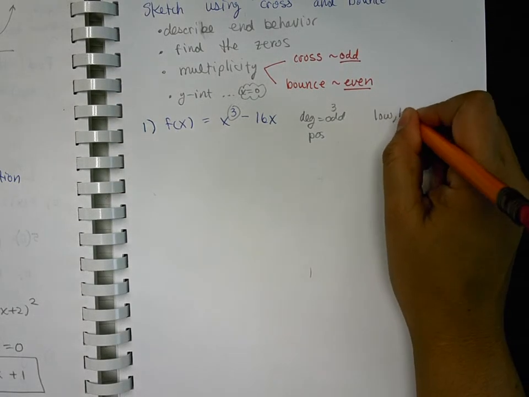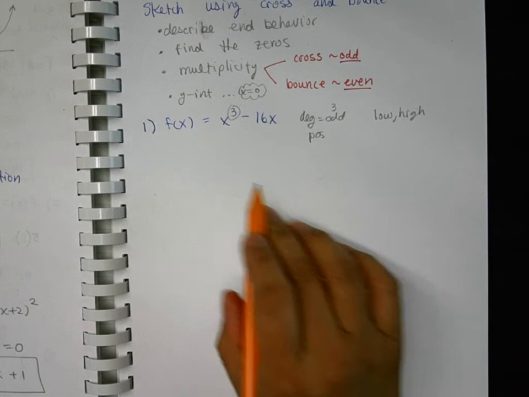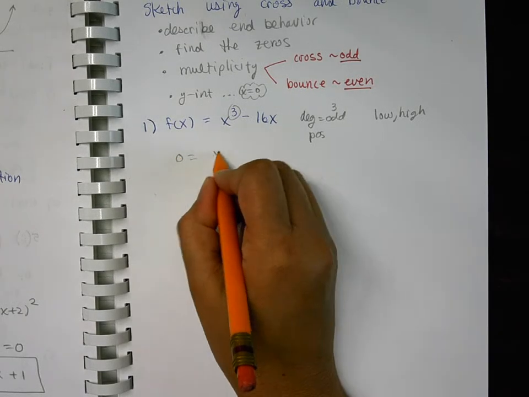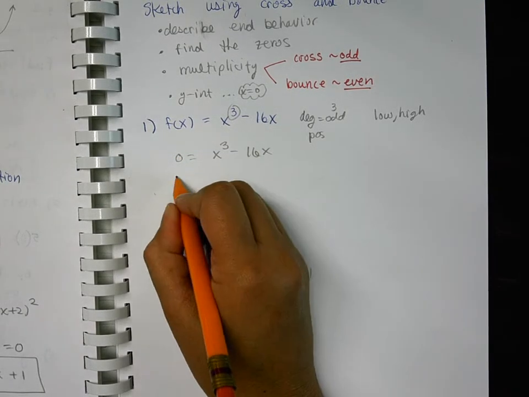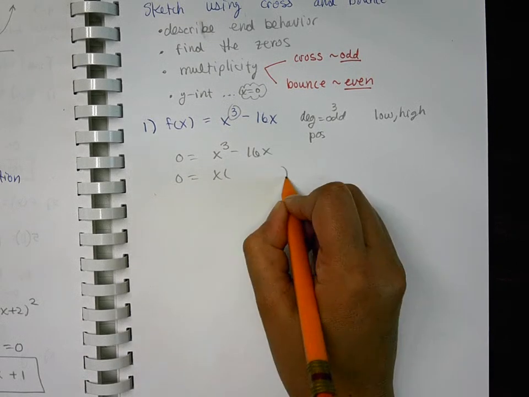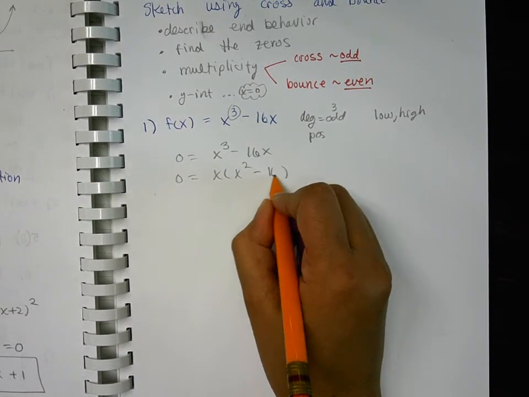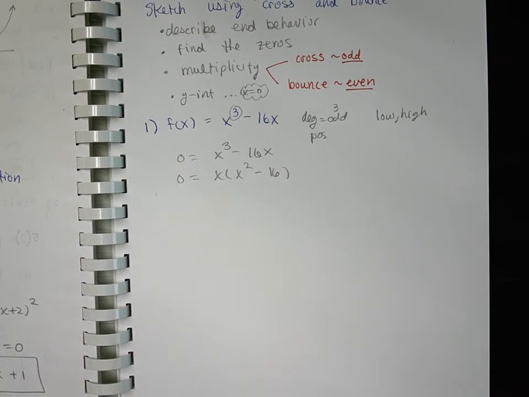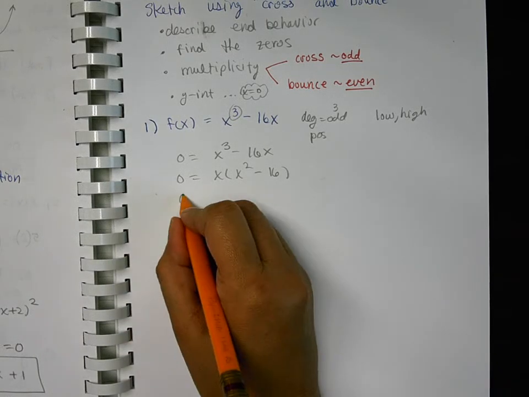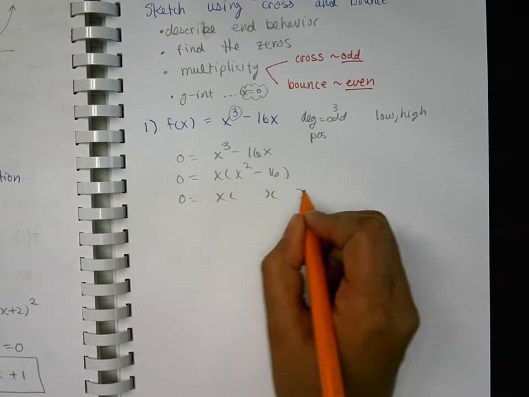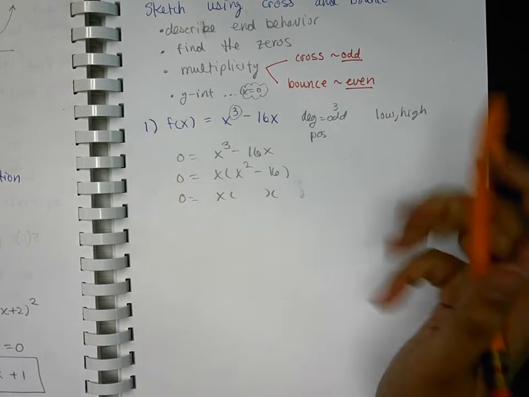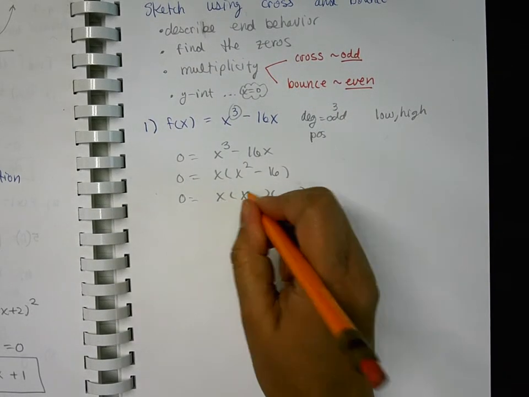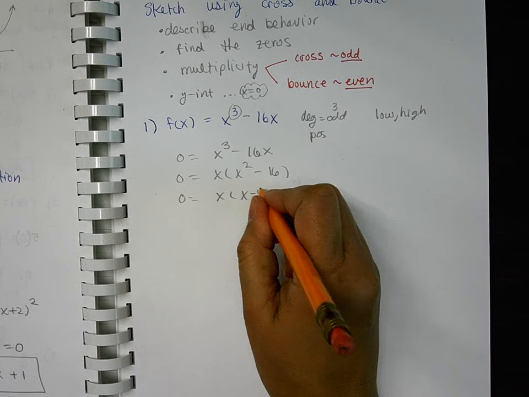Okay, so that's check. Find your zeros. Set equal to 0. I'm going to have you guys do this next piece. Go ahead and do your GCF and then continue. All right, what does it continue to factor to? x minus 4 and x plus 4.